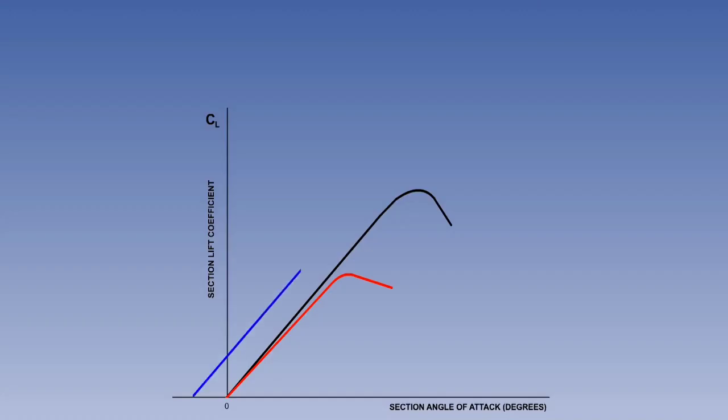If the 12% section were to be cambered, its curve would move up and to the left. Up meaning that its CL max would be higher. The reason for this is that the section's stream tube has a smaller cross-section, giving greater acceleration and thus higher pressure differential.